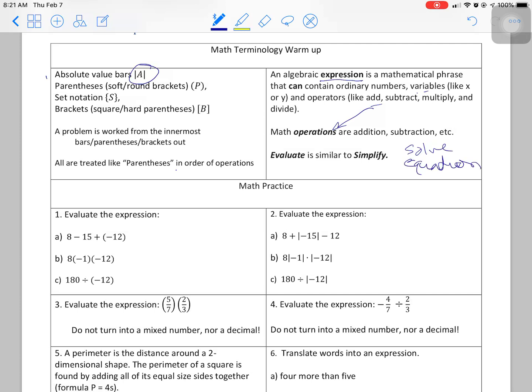Okay, you're going to come up with like x equals 2. But when you evaluate and simplify, you're not necessarily going to get one digit as your answer. You can, but you might not, especially when we start getting into things like x plus 1. That could be an answer, whereas solving equations is x equals 1. So expressions versus equations.